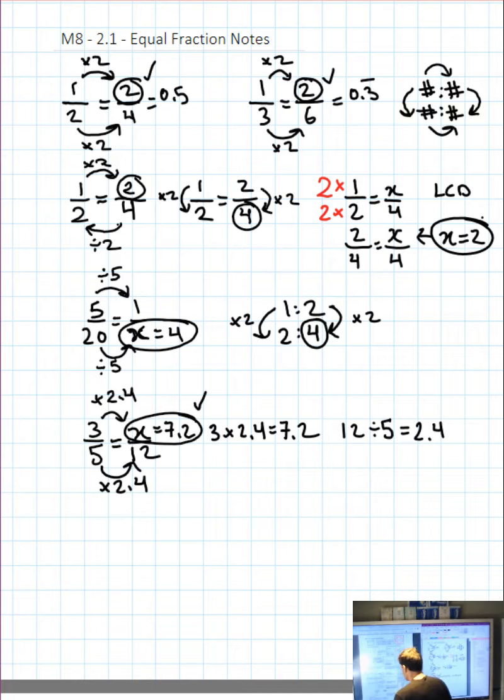So now let's do another exactly the same example, but looking at it a little bit differently. So let's take 3 over 5 is equal to x over 12 again, the exact same example that we just worked on. But what if I looked at it differently and I wanted to go from 3 to 5? Well, how do I get from 3 to 5?